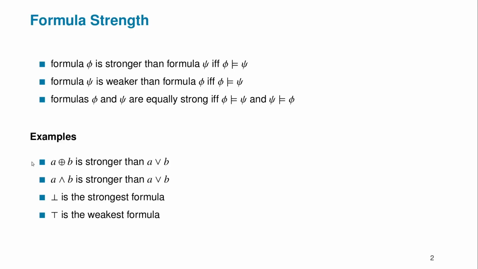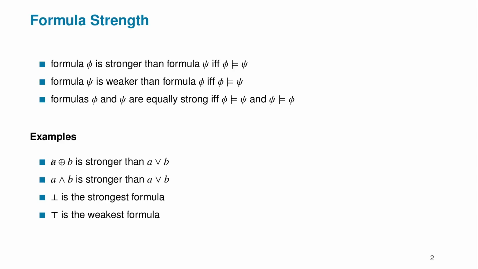Here we have some examples, and we will also prove this first one here. A XOR B is stronger than A or B. Whenever A XOR B is true, and A XOR B is true if A and B are different, then also A or B is true, which is obviously the case.